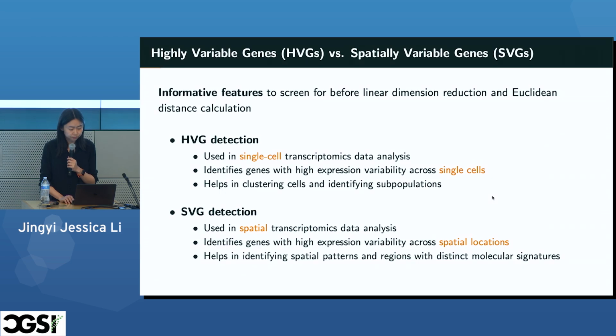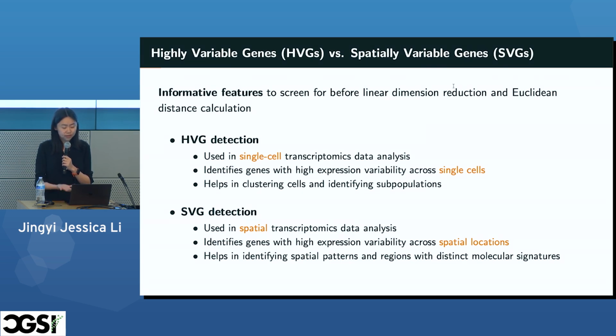So in spatial transcriptomics data analysis, there's a common concept called spatially variable genes, and this is in my title. It's often shortened as SVG. The definition of SVGs, I want to trace back to a related concept for single-cell data analysis called highly variable genes, shortened as HVGs.